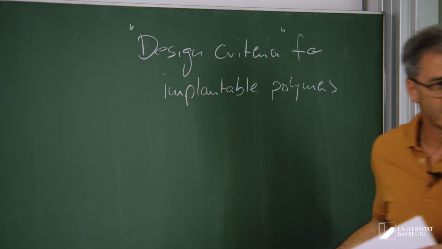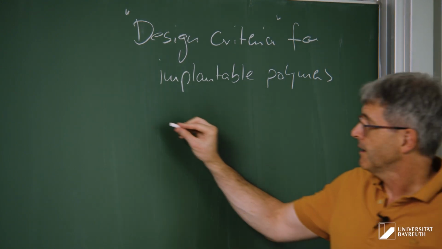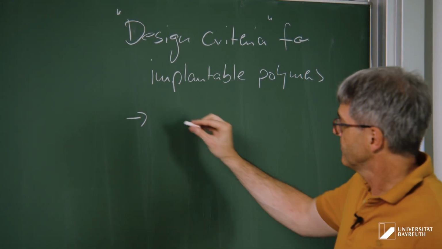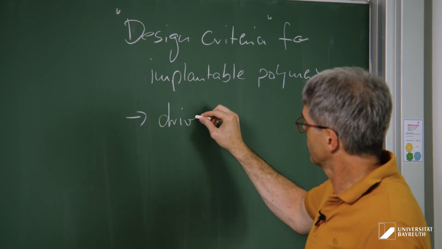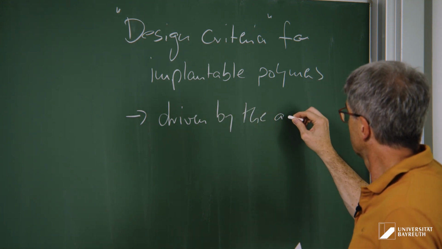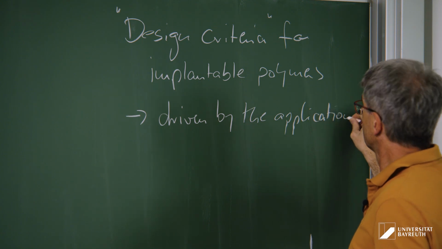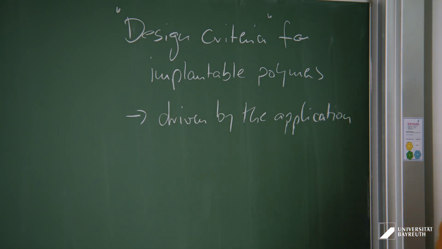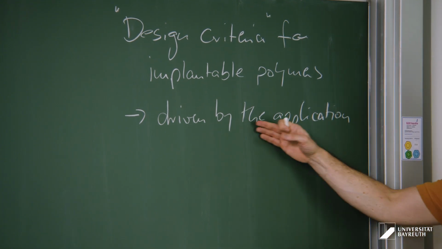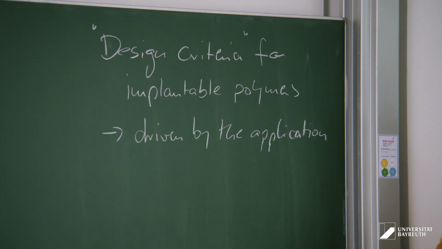So what will be the design criteria? Well, the design criteria will very likely be driven by the application. Because it will depend on whether we want to have them quickly degraded, slowly degraded, or not degraded at all.